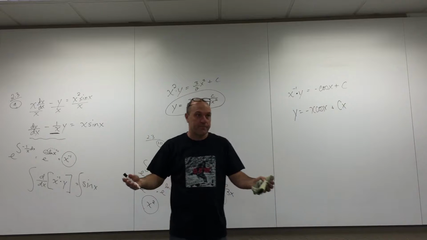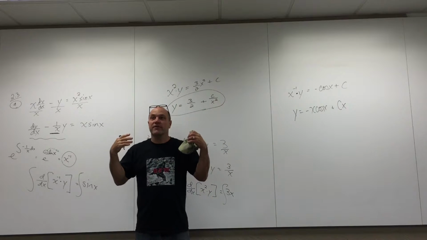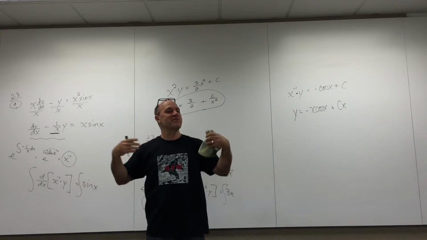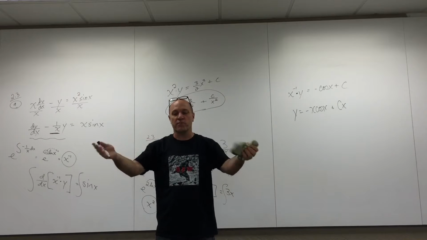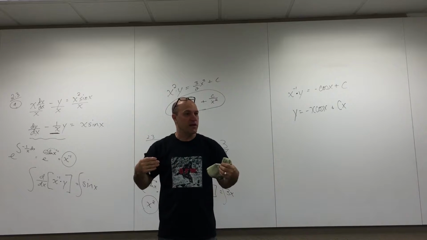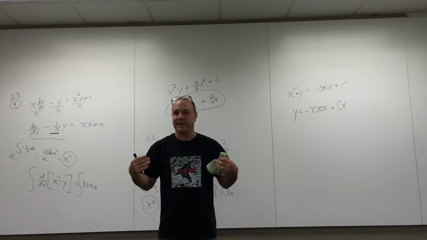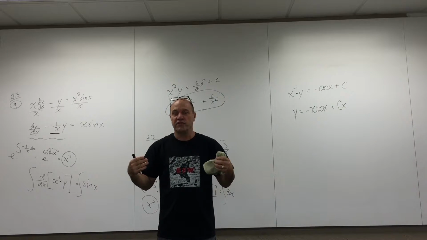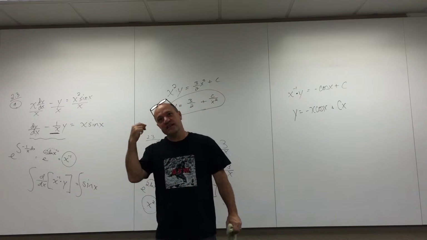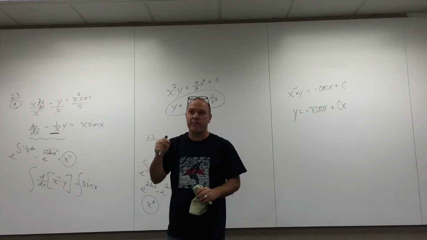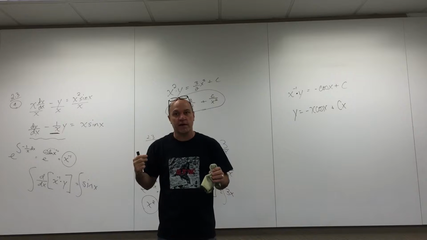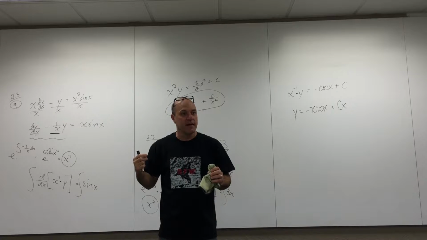But anyway, I always advocate for clear communication between us. We're communicating mathematics on paper to each other. And the clearer it is, the better it is. But if you're worried about skipping a step and I'm going to take off a point because you skipped a step, I'm not really doing that.